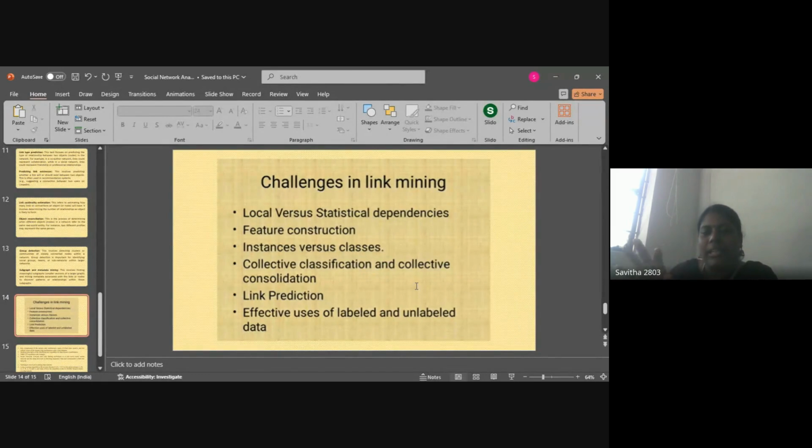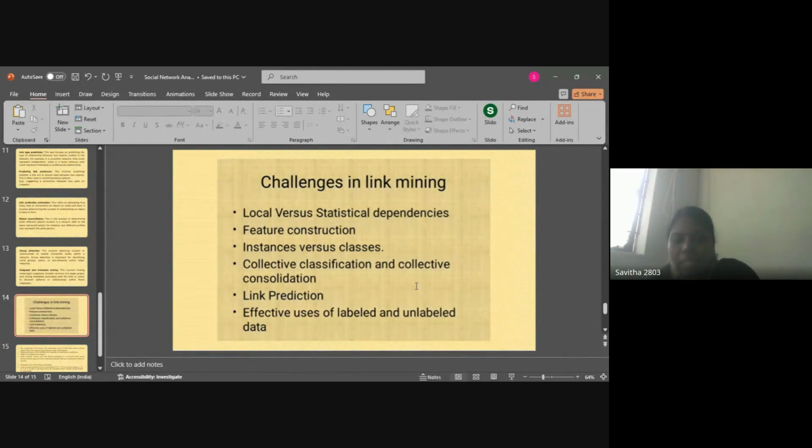In the given umbrella, there are a lot of instances we need to measure, and from the instances the entire classes need to be analyzed. So to get the final result, we need to analyze the final classes. Then collective classification and collective consolidation will be needed. After each object classification, we need to consolidate or group them, and only then will proper data analysis be done.